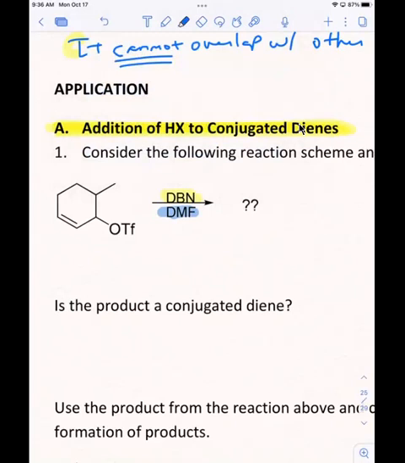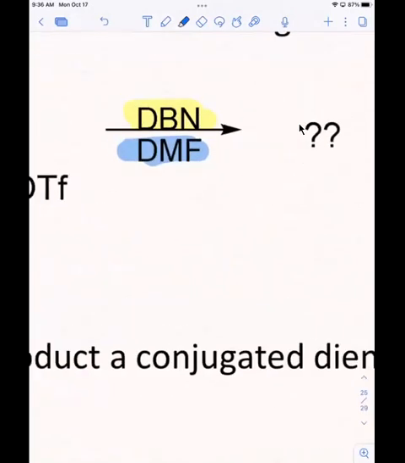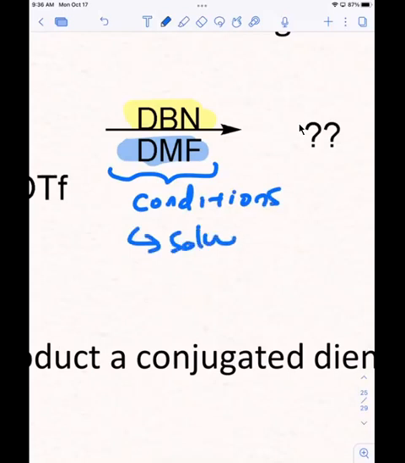We looked at DBN and we should know what DMF is. And to give you a hint, when you see a reaction written like this, normally what's underneath the arrow, those are your conditions, like solvent, temperature, etc., time, right? So what is DMF?